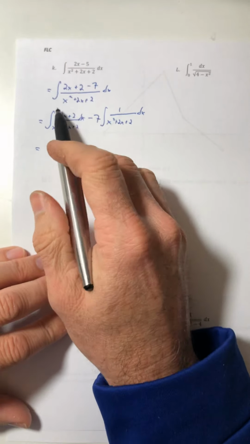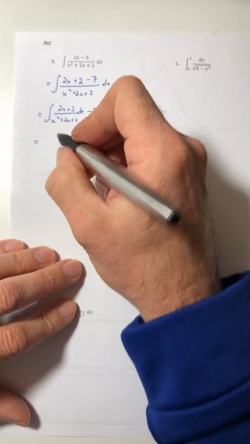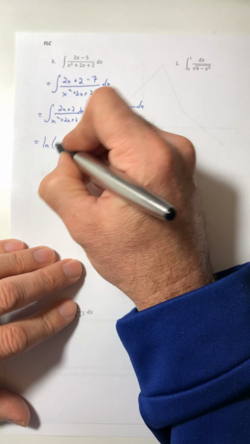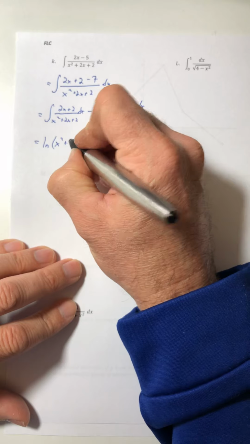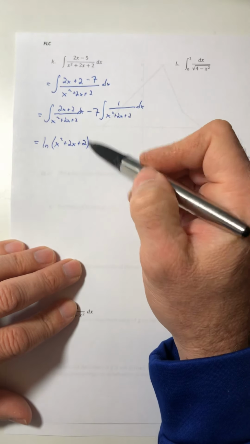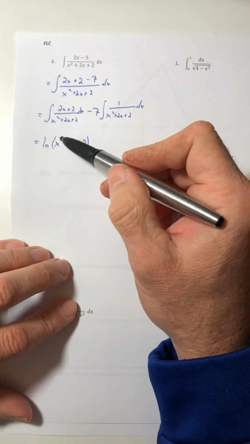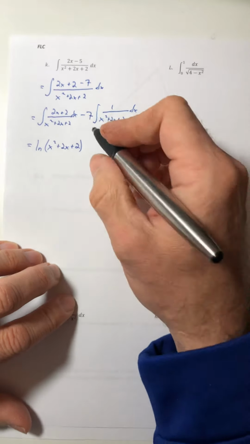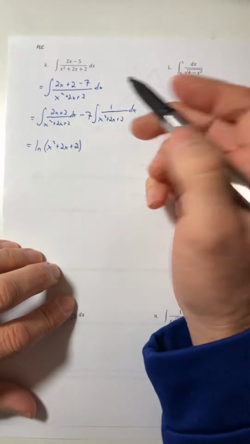So this first integral is now just your ln. And I don't need absolute value bars because this quantity in here is always going to be positive. Okay, so the first integral is done.